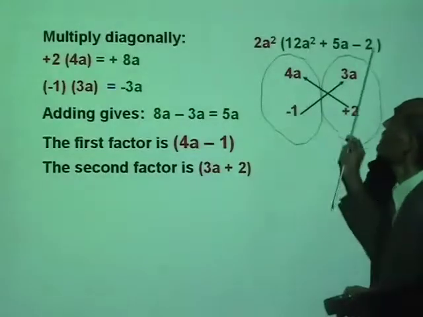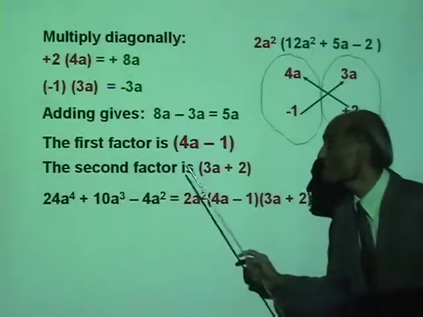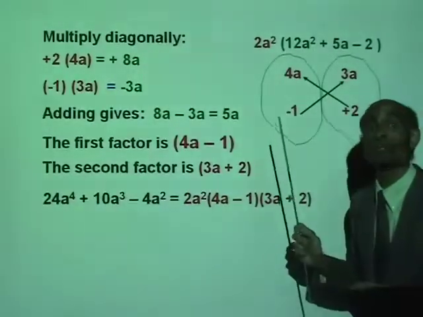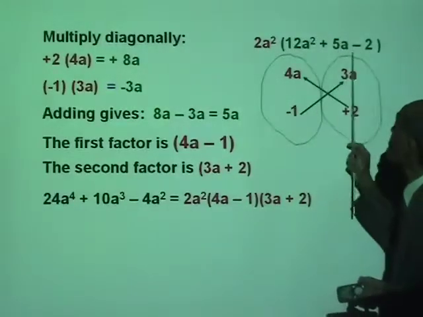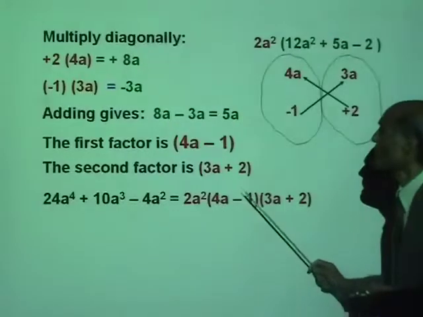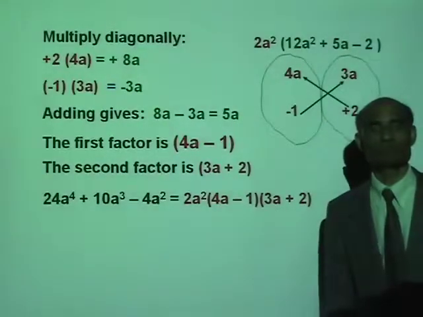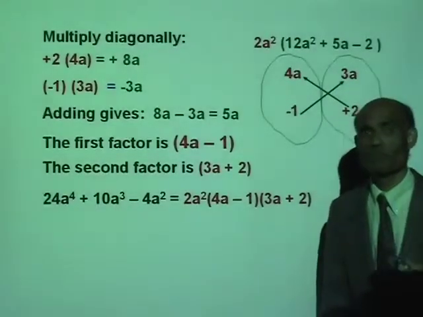And so the complete factorization of the given polynomial is 2a squared, that's the common factor we pulled out in the beginning, times the factoring of this trinomial, 4a minus 1 times 3a plus 2. Alright? Are you getting more comfortable with this? I hope so.